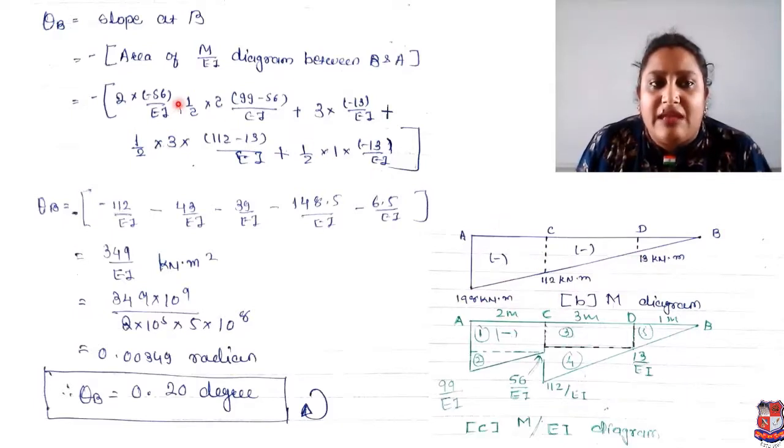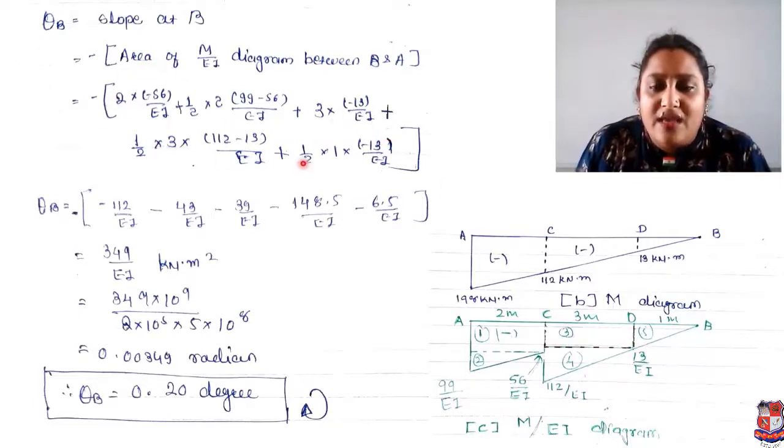So you have to mention the area of the M upon EI diagram between A and B: 2 into minus 56 upon EI, plus 1 half into 2 into 99 minus 56 upon EI, plus 3 into 13 upon EI, plus 1 half into 3 into 112 minus 13 upon EI, plus 1 half into 1 into 13 upon EI.